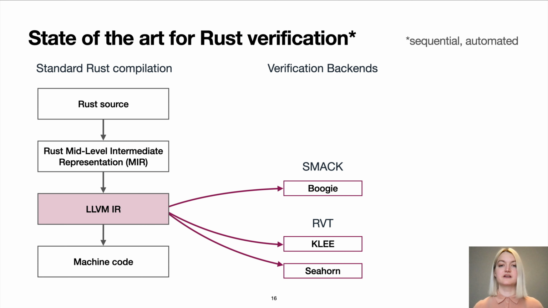So the SMACK project goes to Boogie, which then goes to the Z3 SMT solver, and the Rust verification tools, or RVT project, is based on both KLEE and SeaHorn as two example backends. One problem here is that when you start at LLVM IR, you lose a lot of Rust-specific context, especially around the type system. In addition, the KLEE backend is really focused on bug finding over soundness, so it doesn't do as exhaustive of path exploration as we might want in a verification tool.